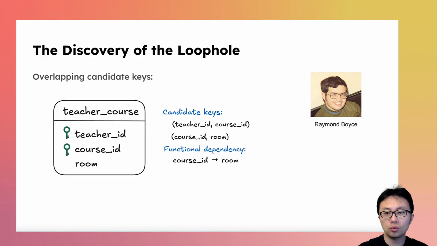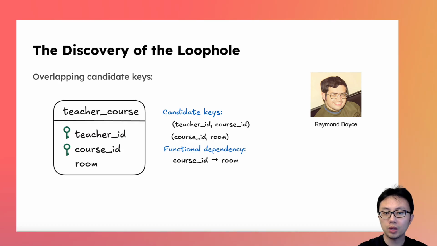The table has two candidate keys, and both of them are composite keys. The first key uses two columns, teacher ID and course ID, while the second one uses course ID and room. The functional dependency in the table is between two columns, course ID and room.